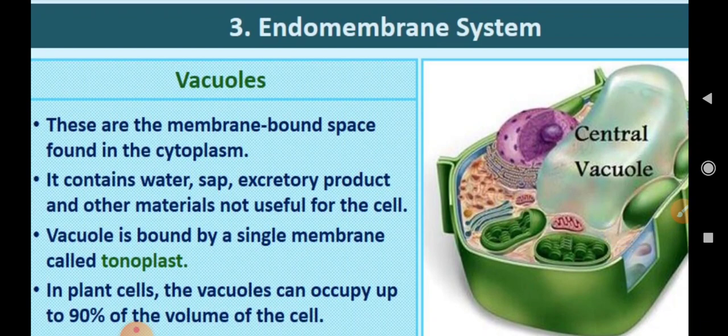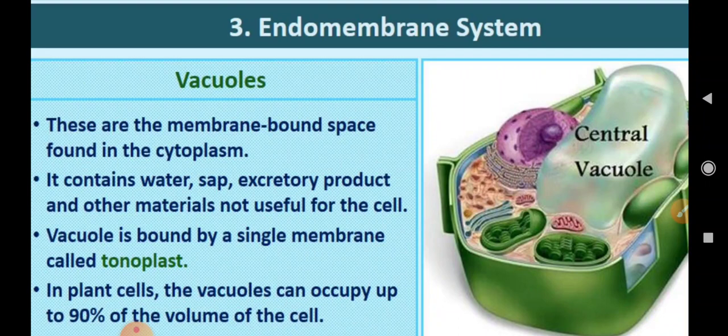In this slide you can see the central vacuole written, which is present in the plant cell close to the nucleus, occupying about 90% of the volume of the cell.